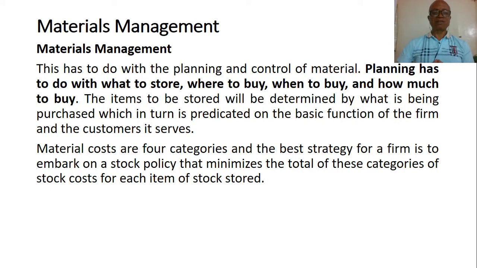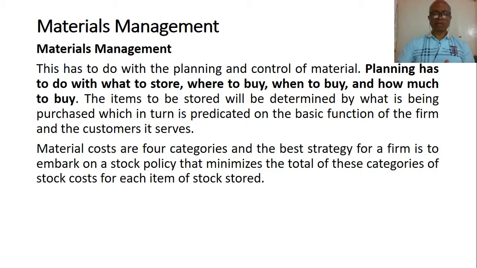Of course, everything is dependent on what the company is actually established to carry out. So if a company is involved in buying and selling of furniture, for example, it means that what they'll be storing will be furniture items. Of course, they have to know where to buy furniture items and when to buy furniture items and how much to buy those particular items.